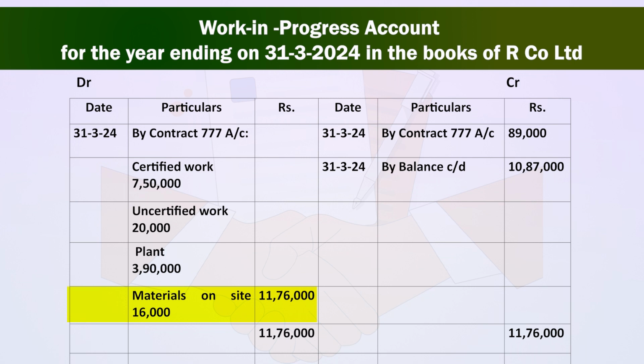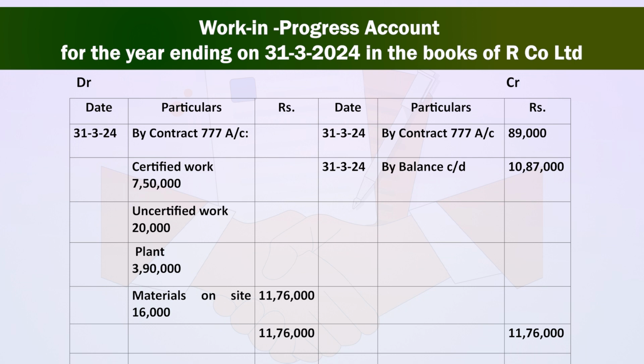This 11,76,000 is from the credit side of our contract account, and on credit side of work in progress account on 31st March 2024, our first entry is by contract 777 account rupees 89,000, and making balance of work in progress account at the end is rupees 10,87,000. As it is work in progress account, it always has a debit balance.